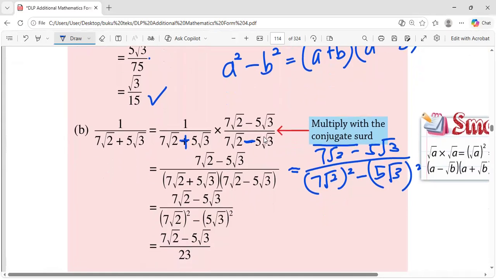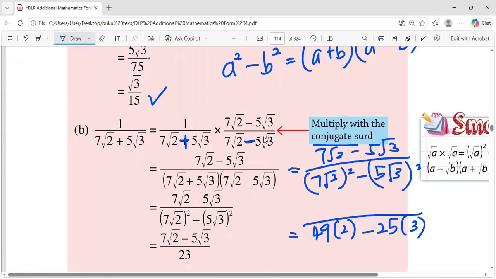After that, this one 7 will become 49. Surd 2 square will become 2. And this 5 will become 25. And surd 3 square will become 3. Just write like this, no need to follow this.